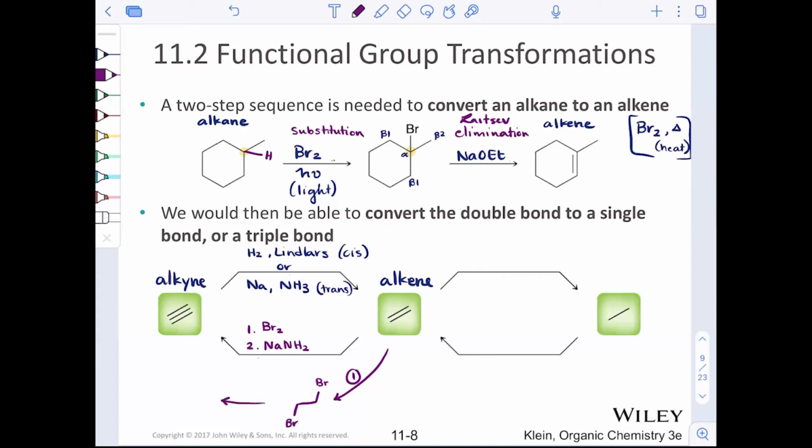Now, what that does in step number 2 is it not only makes the triple bond, but if you have a terminal triple bond, it will also do an acid-base reaction. So E2 plus acid-base. Can't stop it. It's so reactive. Sodium amide is such a reactive base.